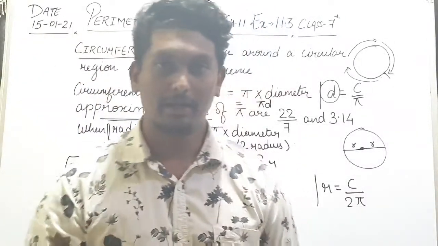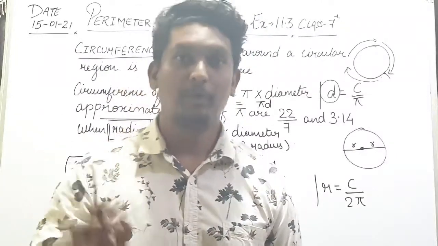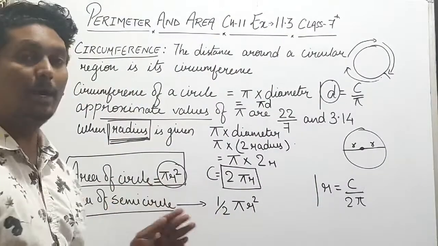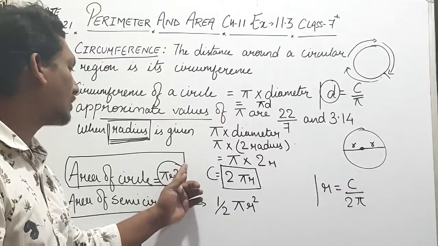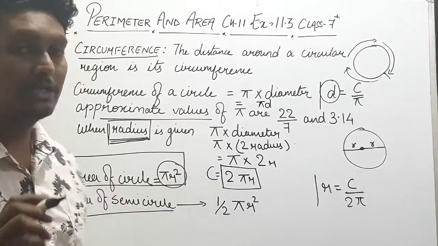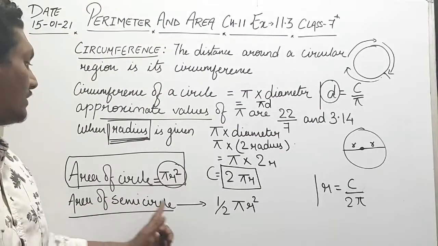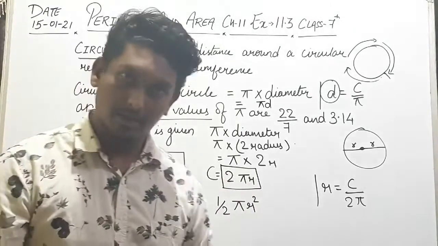So we are talking about area. In the previous video I told you the unit will be square, so it is very easy to remember. When you're talking about the area of circles, the formula is pi r square. And if the question is about a semicircle, how do you find the area of a semicircle? That is half pi r square.